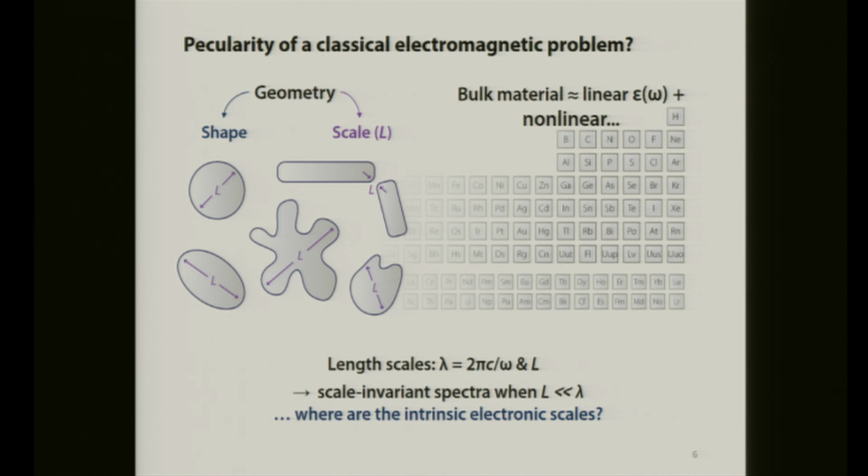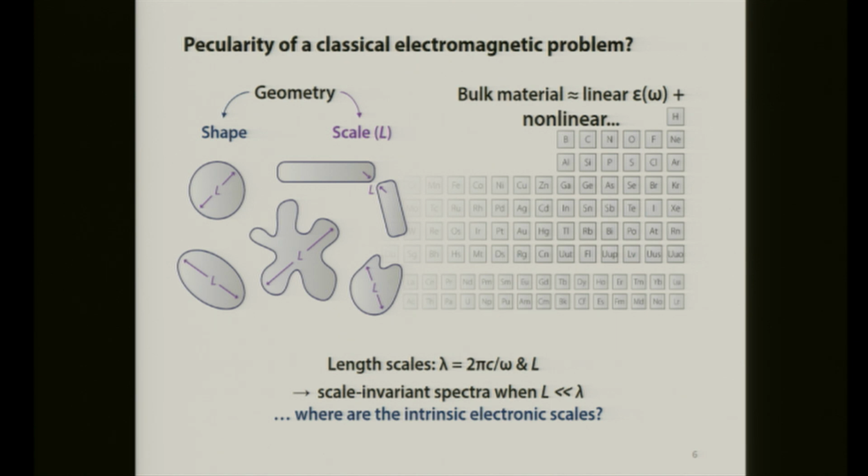If you're in the scale invariant non-retarded regime, meaning the entire geometry is very small, you can have a scale invariant solution to the Maxwell equations, meaning you can magnify or shrink the system, but your solution is the same.